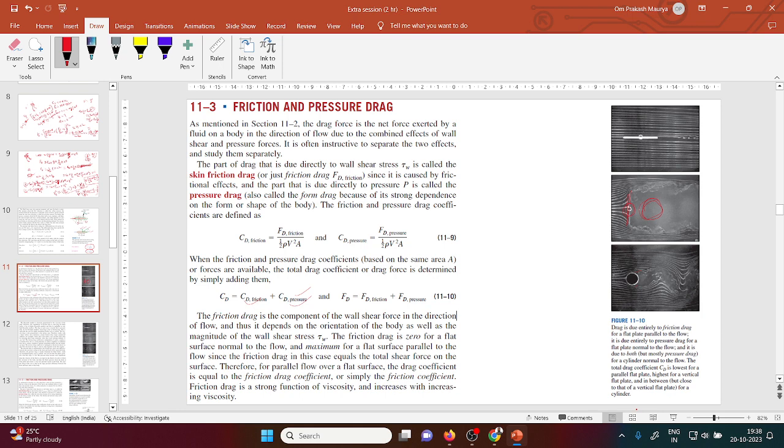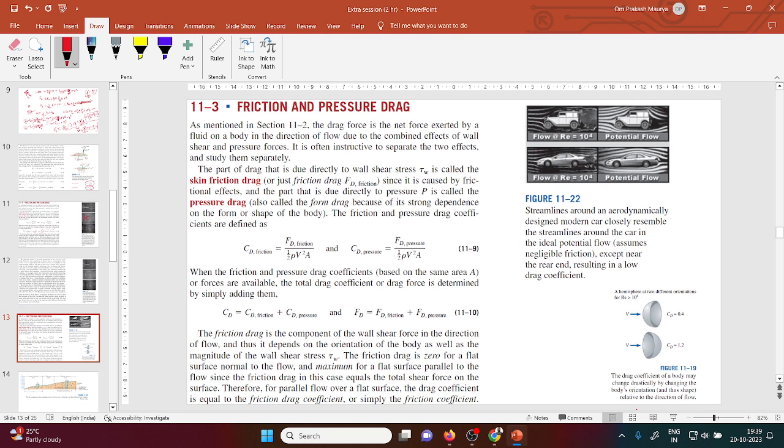Similarly, the drag force has two parts: friction drag and drag due to pressure.